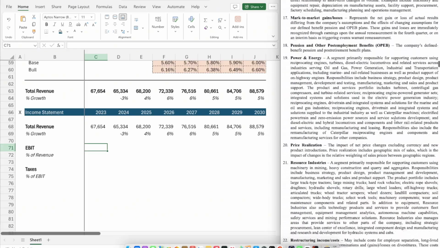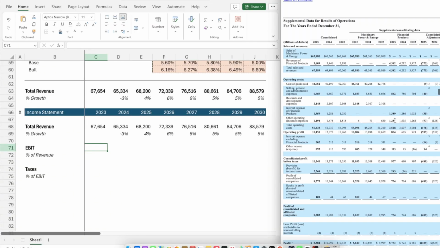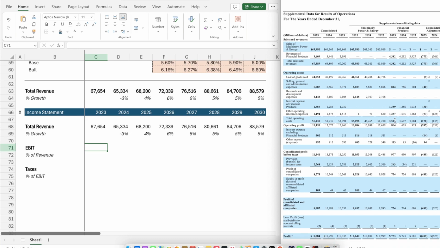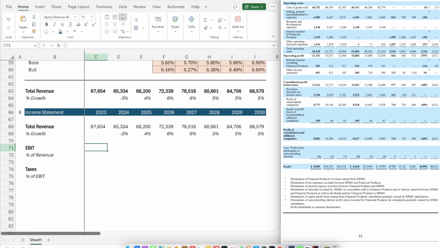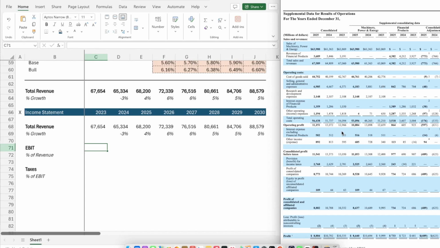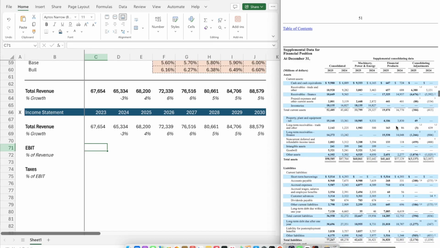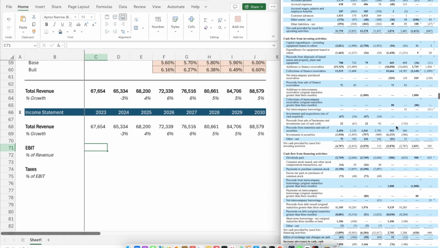The actual financial statements are a bit further down. Here, on the proper one, is the balance sheet, cash flow statement.